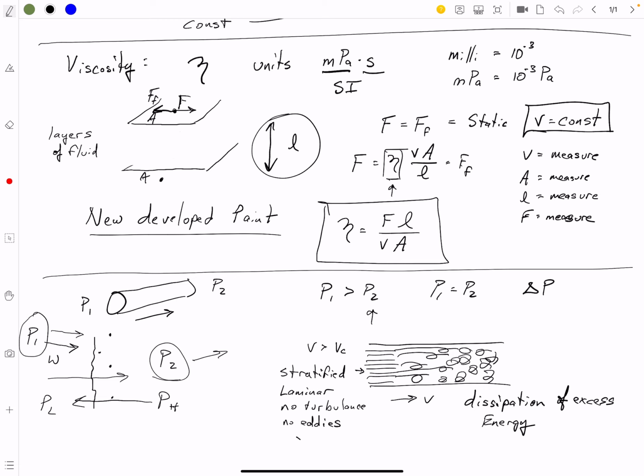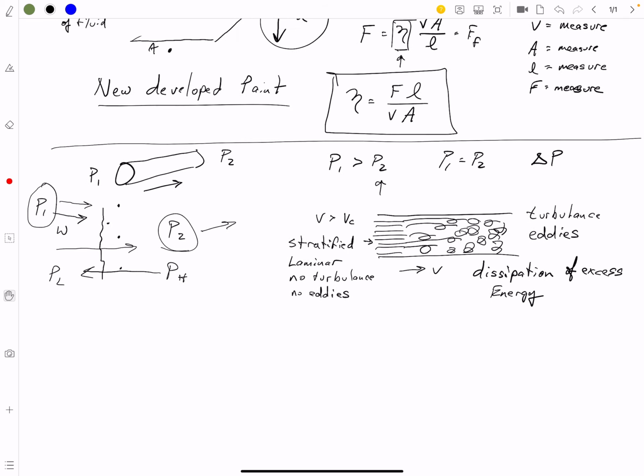And on this side, we've got turbulent flow. So turbulence. And we can't say that it's stratified, laminar. We certainly have eddies, right? We just don't have Eddie Van Halen anymore. So there is our situation.